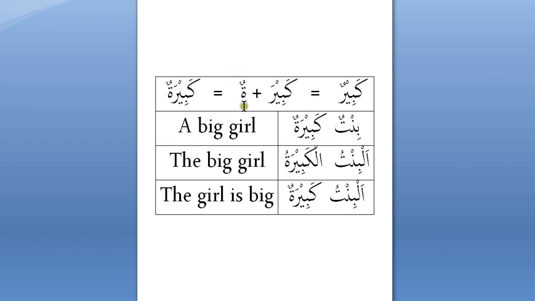So kabirun becomes kabira plus the ta marbuta, then it becomes kabiratun. Kabirun, kabiratun. Another word, sa'irun, sa'iratun.